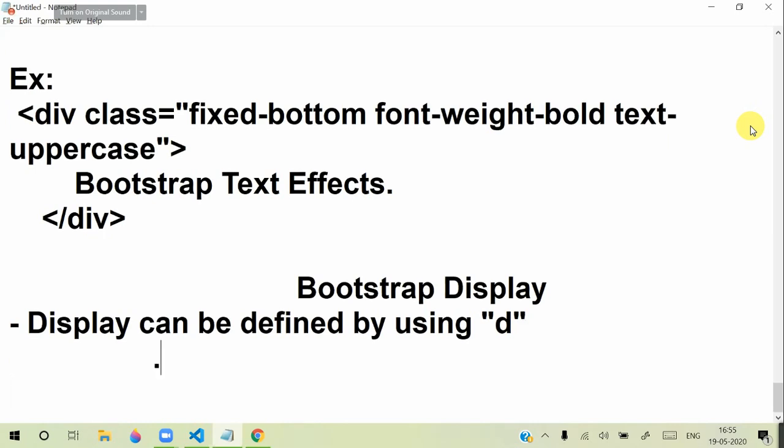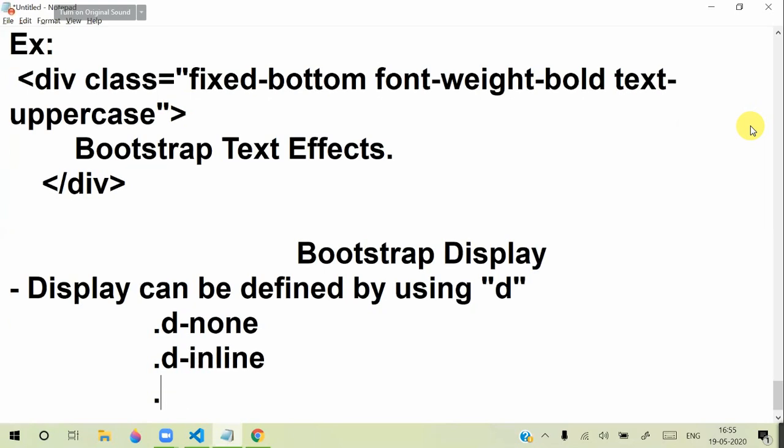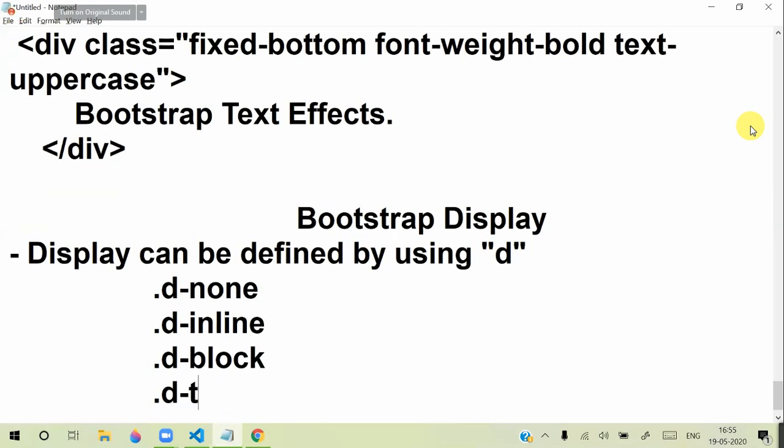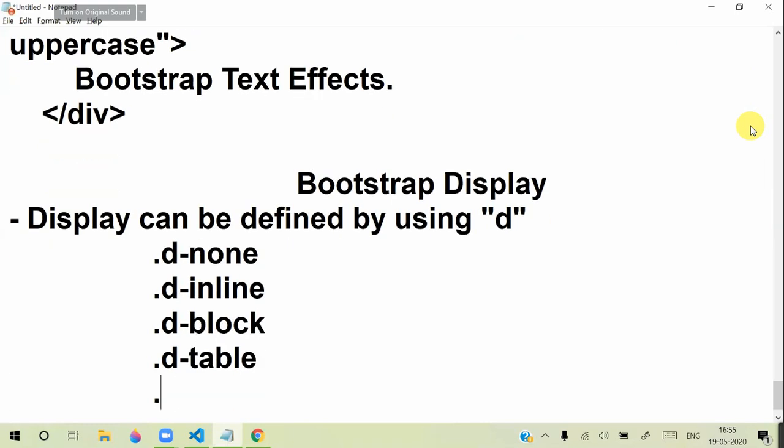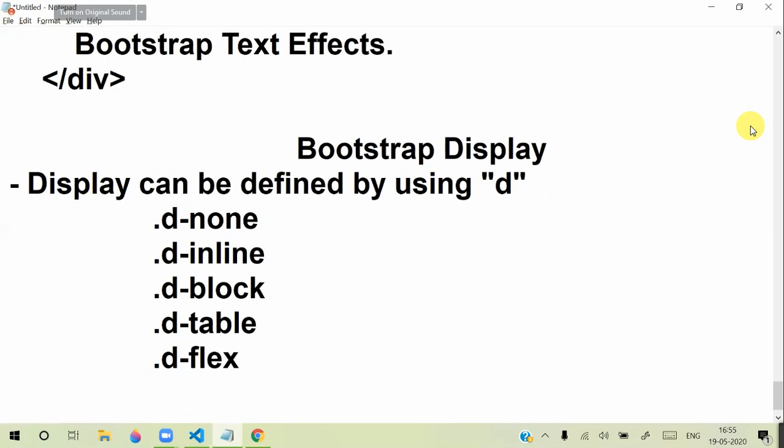You can use d-none, display none. You can put d-inline. We have d-block. We have d-table. We have d-flex, display flex, right? You can apply those effects here. What is display inline, what is display none, I need not explain to you because you already know how to define them.